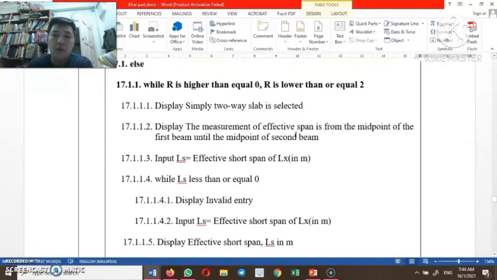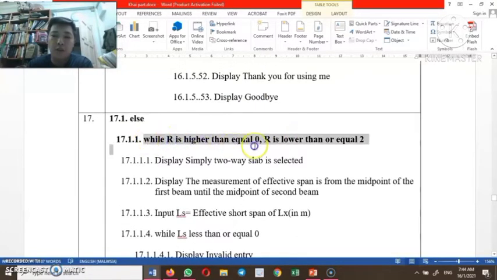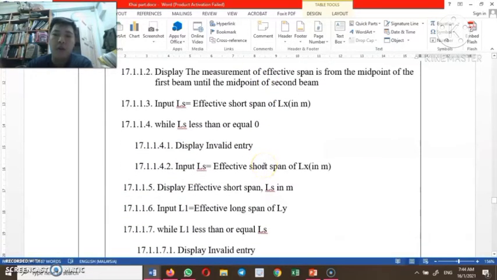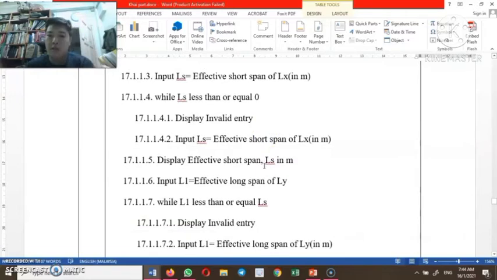Because this means that, as I mentioned earlier, if it's less than 2, it will display as simply supported two-way slab. So as usual, we need to find the effective length, which is the Ls, specifically the effective short span.